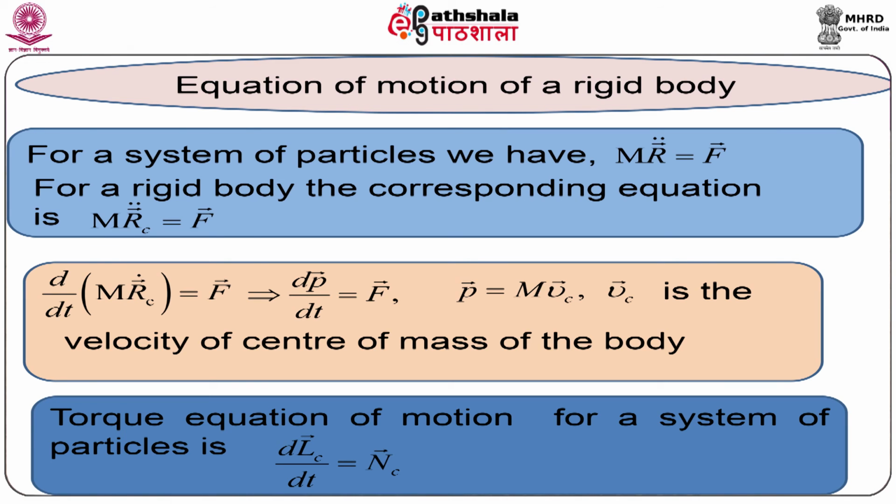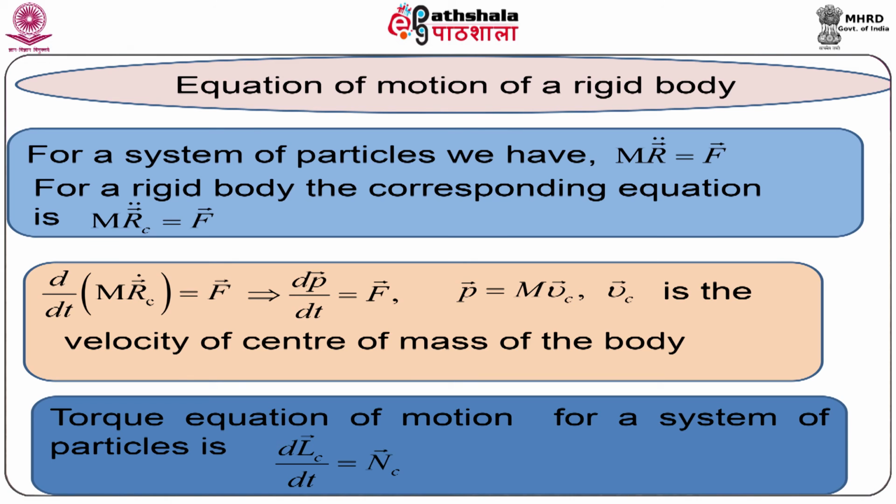We have already obtained the torque equation of motion in our previous module, which is d dt of capital L c vector equal to capital N c vector, where capital L c vector is the angular momentum of the system of particles about the center of mass, and capital N c vector is the resultant moment of the external forces.